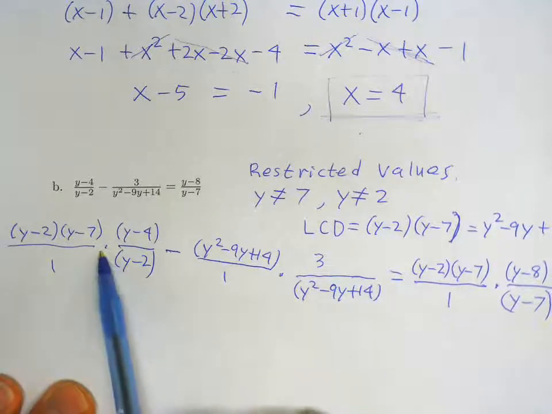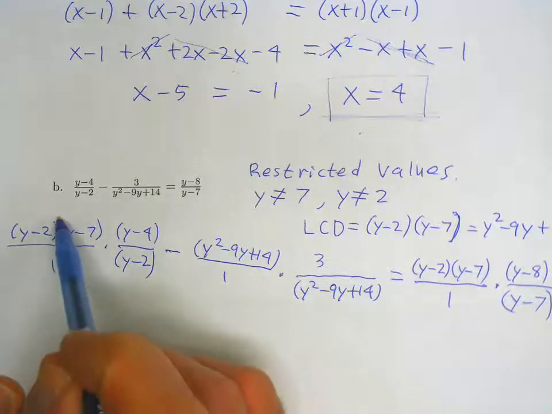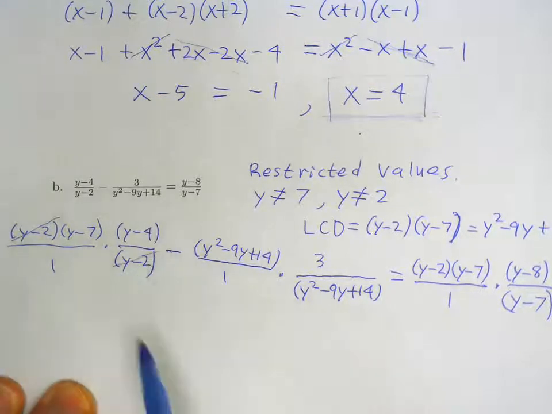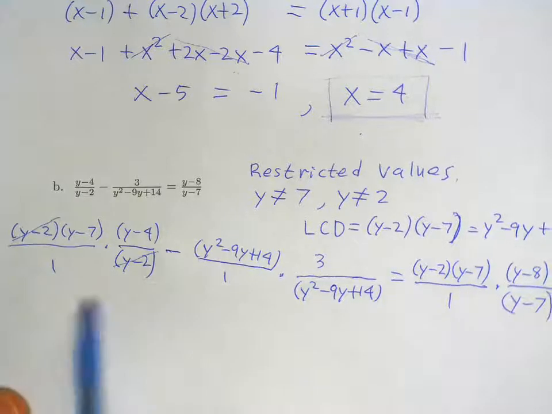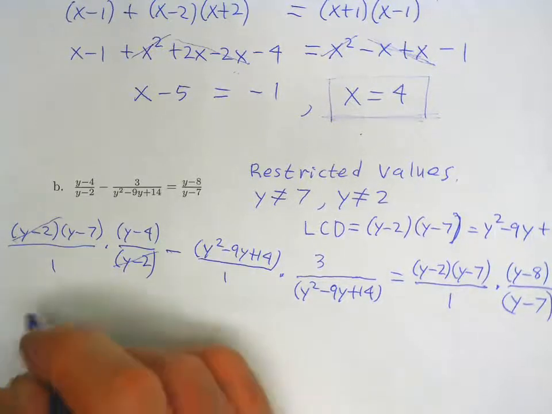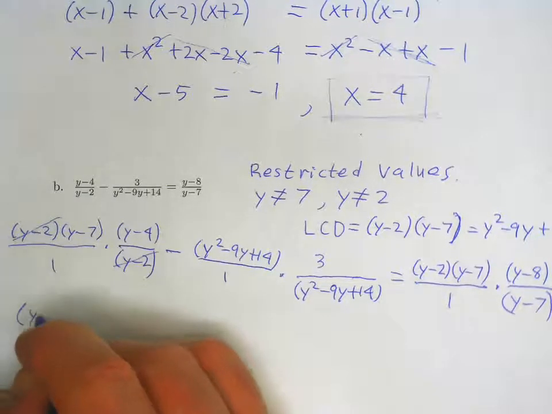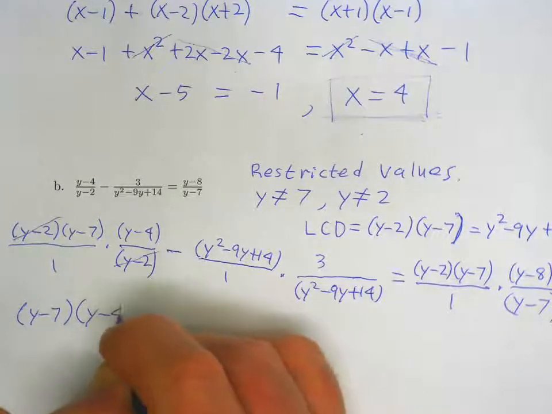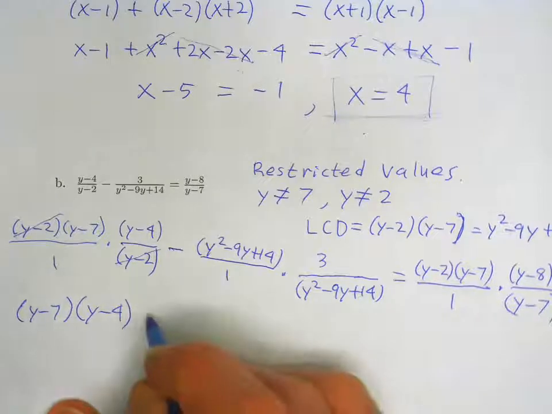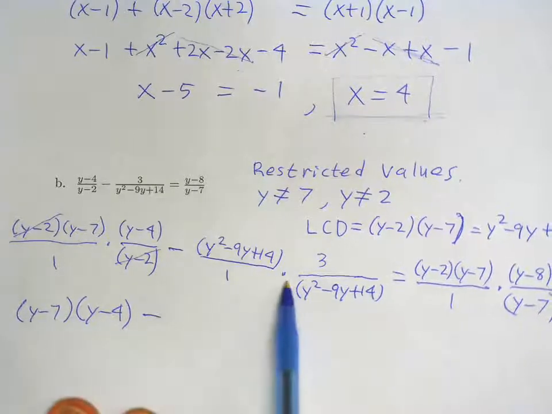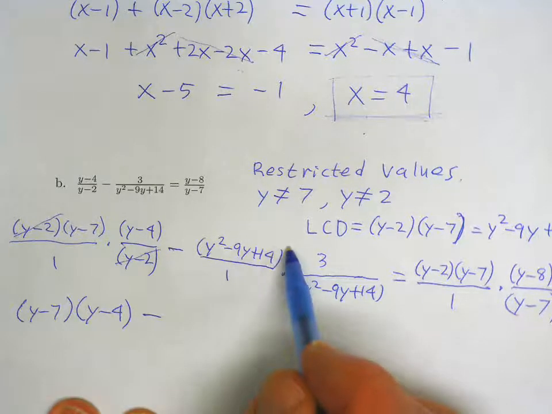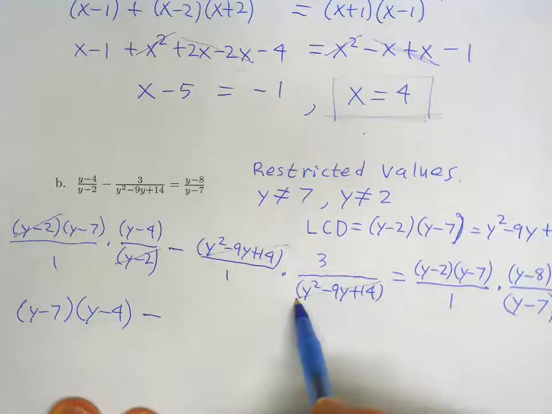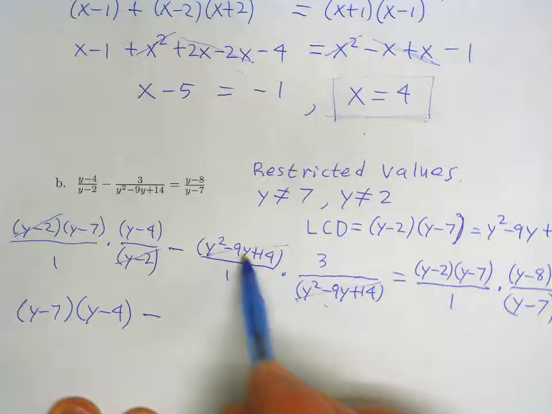In this first product, y minus 2 from the numerator cancels with this y minus 2 from the denominator. So we cleared the denominators here, and we're just left with y minus 7 times y minus 4. And then minus, in this next product, the trinomial factor divided by the same trinomial factor, those cancel each other out.